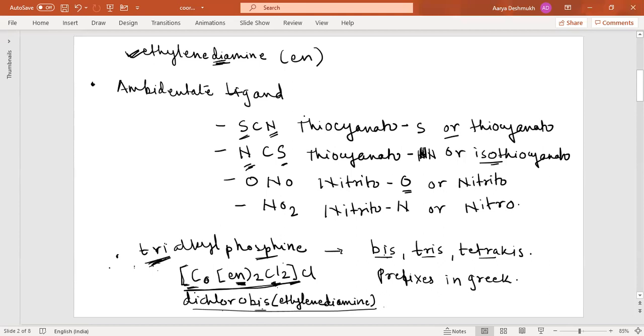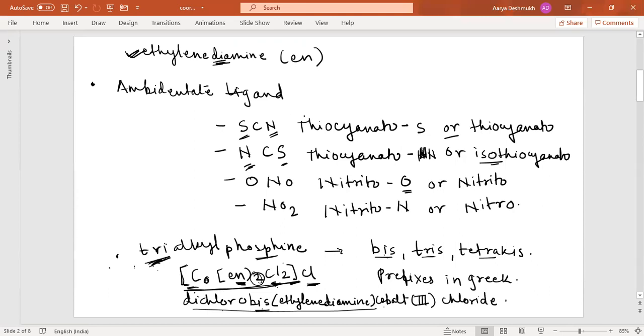This bis is for these two; there are two ethylene diamine molecules. Then, right next to this, write cobalt, that is the metal. Write here the oxidation state of the metal, and then this chlorine, or rather the chloride, is outside the coordination sphere. You can give a space here and then write chloride.